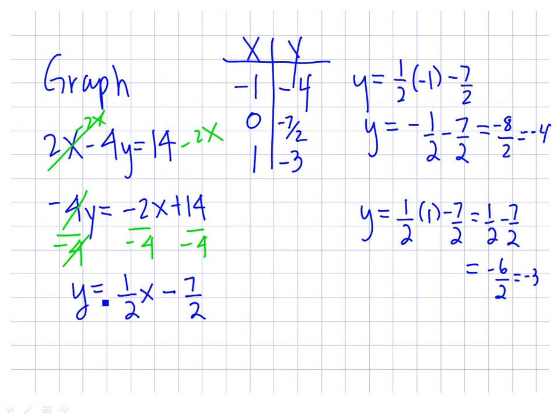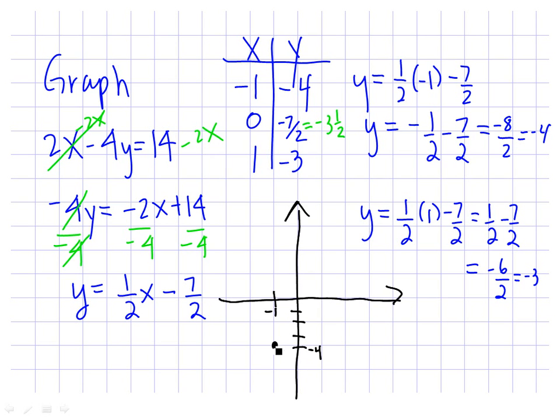Alright, so let's plot these points. First, I've noticed that I need to change this negative 7/2 to a mixed number because I need to know exactly what that is. Alright, that's negative 3 and 1/2. We're going to plot the point (-1, -4) first. So this is negative 1, and let's say this was negative 4.